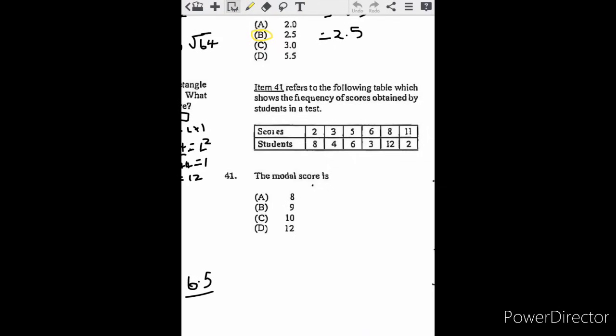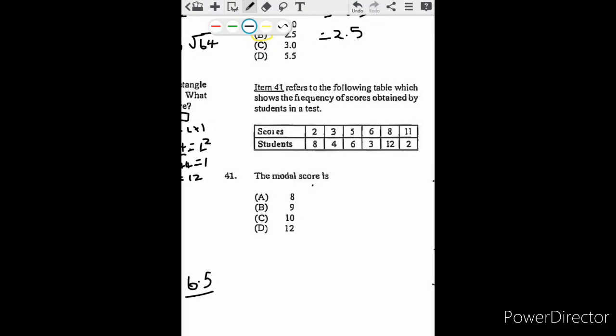41. Item 41 refers to the following table, which shows the frequency of scores obtained by students in a test. 41 asks us the modal score is, so we need to find the modal score. The modal represents the most recurring number, the number that recurs the most.